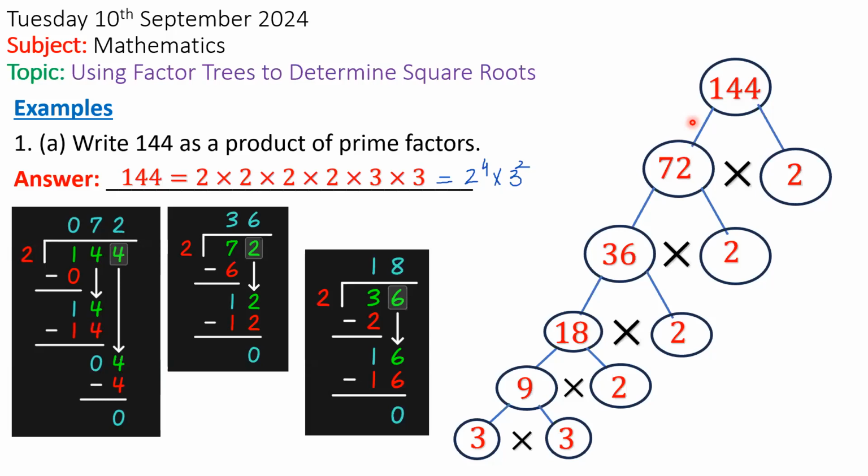And 9 divided by, well, 9 divided by 3, which gives us 3. Very good. And so 3 times 3 is 9. Thank you, sir, for that explanation.